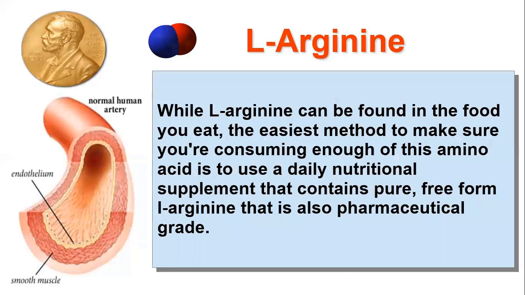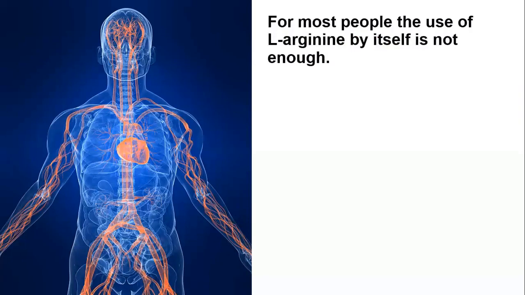And while L-arginine can be found in the food you eat, the easiest method to make sure you're consuming enough of this amino acid is to use a daily nutritional supplement that contains pure, free-form L-arginine that's also pharmaceutical grade. Unfortunately, the use of L-arginine by itself is not enough.